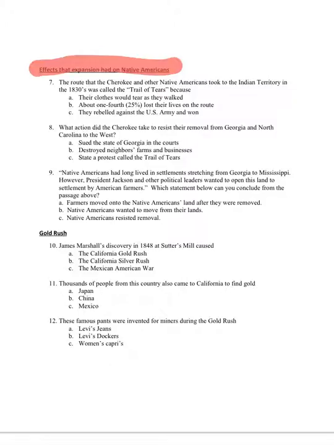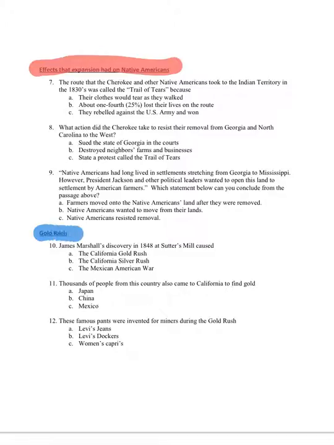B, Native Americans wanted to move from their lands, or C, Native Americans resisted removal? So I better read the quote again. Native Americans had long lived in settlements stretching from Georgia to Mississippi. However, President Jackson and other political leaders wanted to open this land to settlement by American farmers.